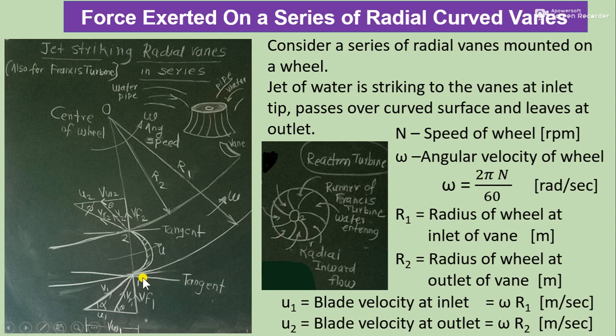Point number 1 is the inlet tip of the vane and point number 2 is the outlet tip of the vane. The inlet point is at a radius r1 of the wheel from the center, and the outlet tip is at radius r2.